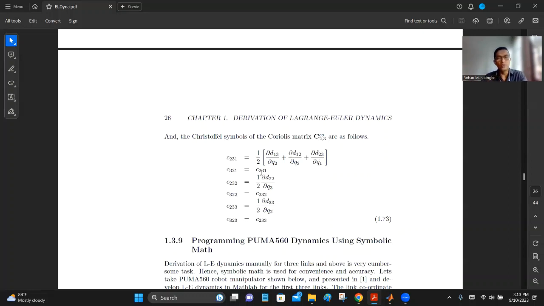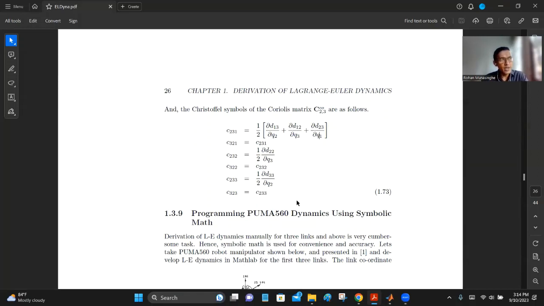You put it into that equation, then it becomes a combination of elements in the D matrix. D is the inertia matrix, and you know the inertia matrix. You get these terms there and differentiate with respect to a certain joint angle, and you get the Christoffel symbols calculated. Okay, the process is there. What is intimidating probably is the scale here.